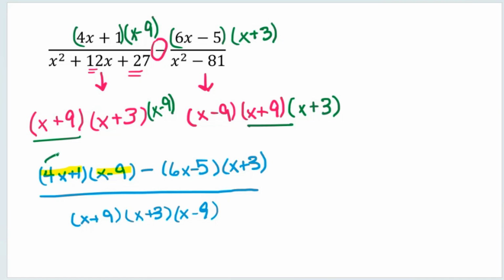I'm going to FOIL it. So 4x times x, 4x squared. 4x times negative 9 is negative 36x. 1 times x, x. 1 times negative 9, negative 9.